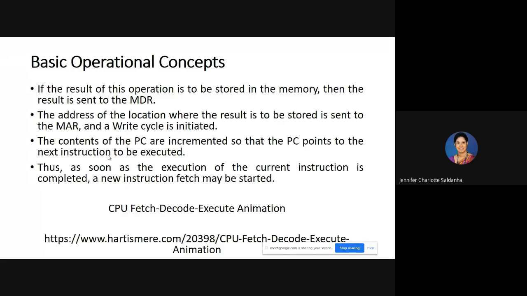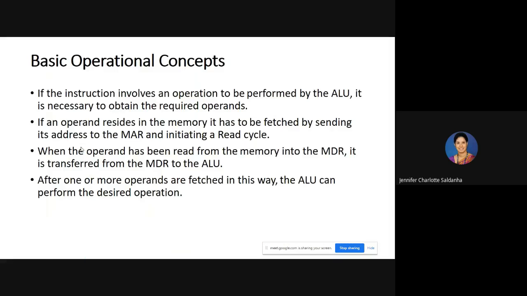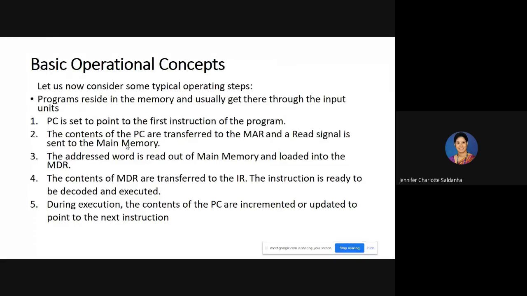This is already done in between, right? As soon as the instruction was fetched, the program counter was incremented, right? So this doesn't come here. This is already discussed. As soon as the instruction is fetched, the program counter is incremented.